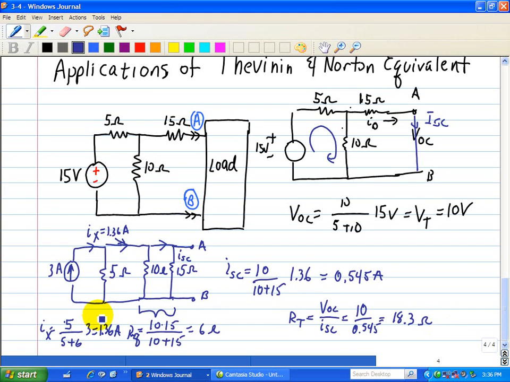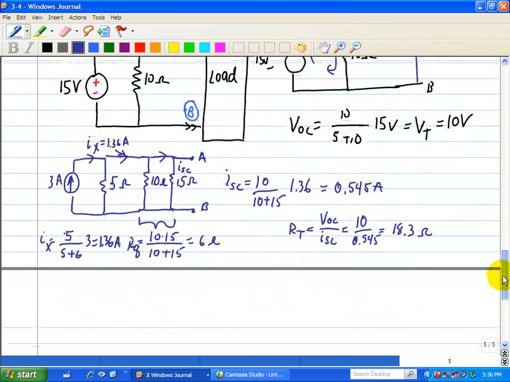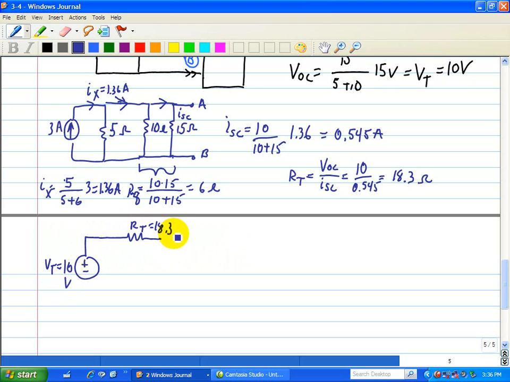And so our Thevenin equivalent for this circuit is, let me put this up now, we have a voltage source, Thevenin voltage of 10 volts, with a Thevenin equivalent resistance RT equal to 18.3 ohms.